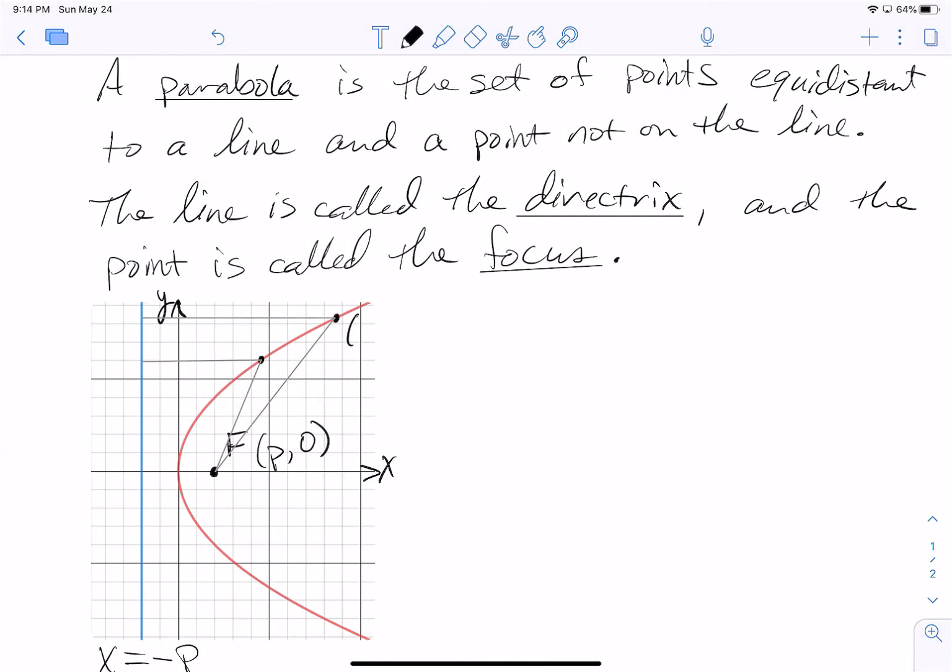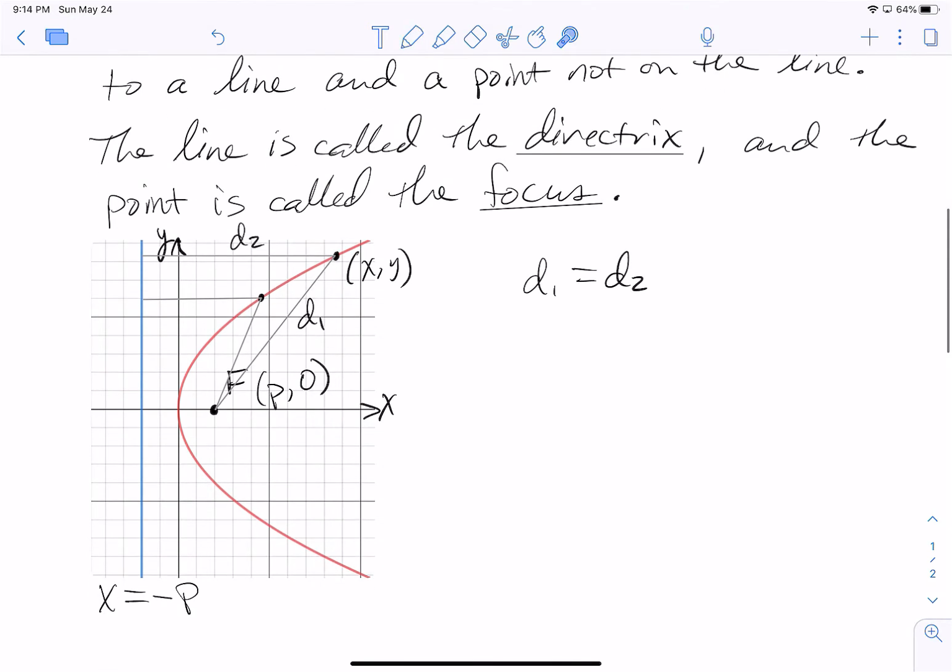So picking one point on the parabola and calling it (x, y), and then labeling the distance between that point and the focus d1, and then the distance between that point and the directrix d2, we can say that d1 will always equal d2.